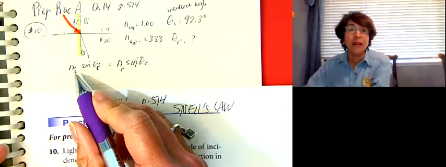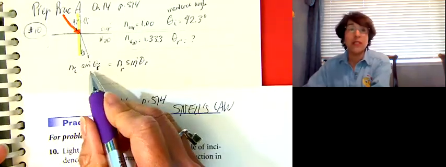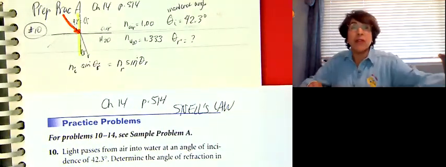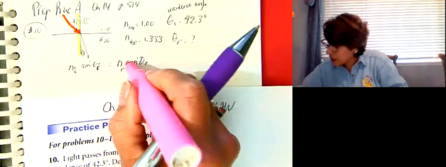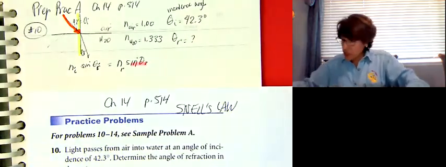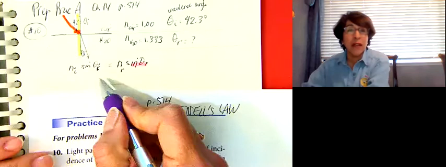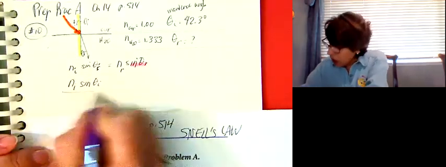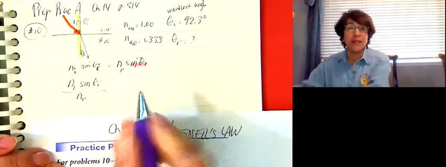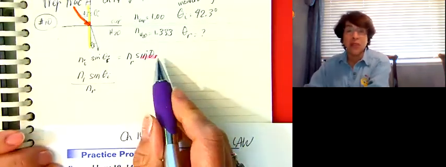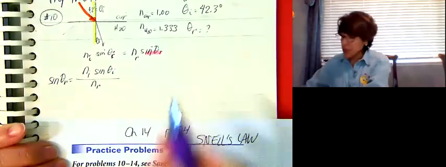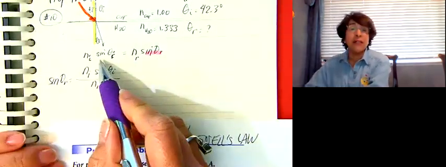We know the incident angle, so we can take its sine. All we need is the sine of the refracted angle, so I divide n sub r on both sides: n sub i times sine theta i, all over n sub r, is equal to sine of theta r.